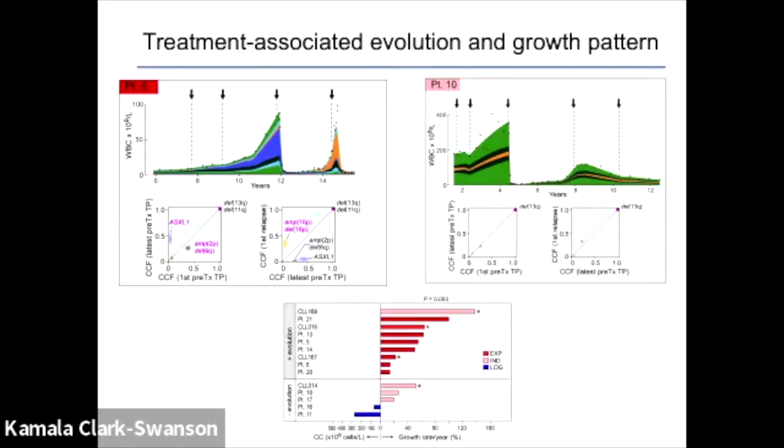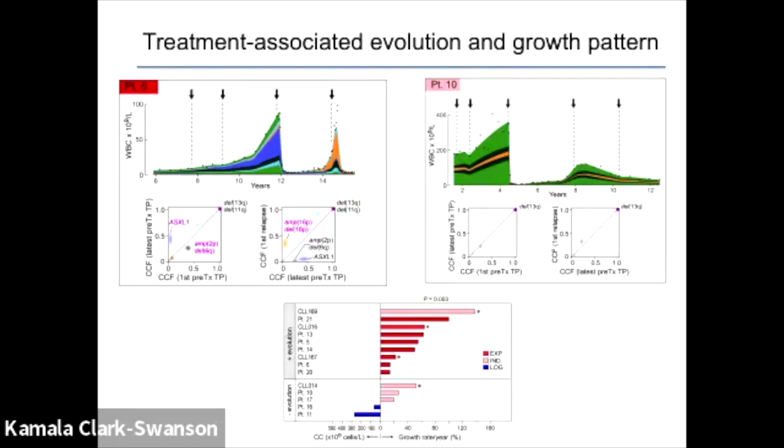On the other hand, for the logistically growing CLL on the right, we see that treatment happened after around year 4. And then the relapse that happens around year 8, the CLL that comes back has exactly the same genetic composition as the CLL prior to treatment.